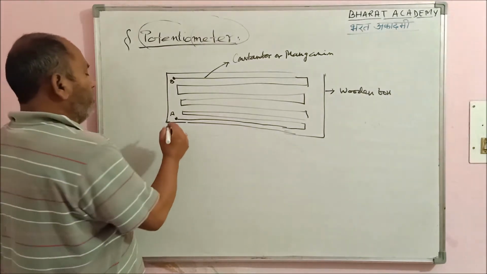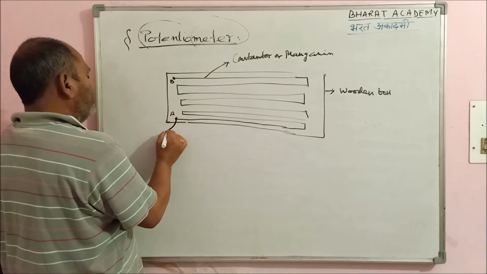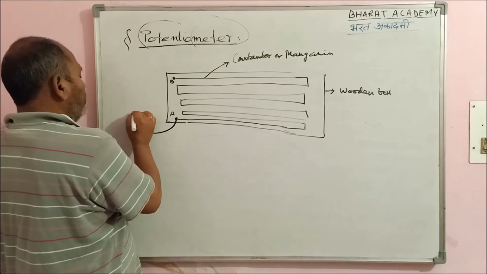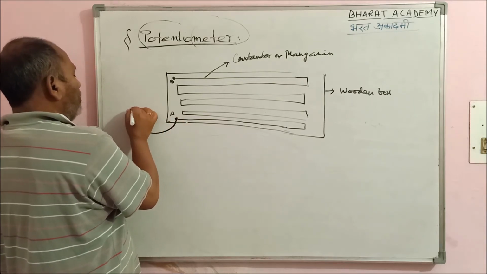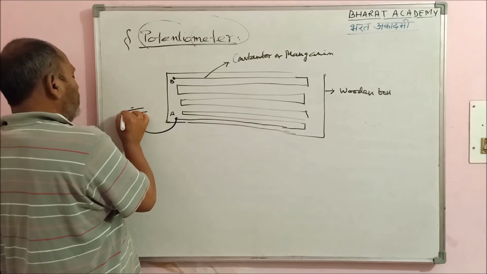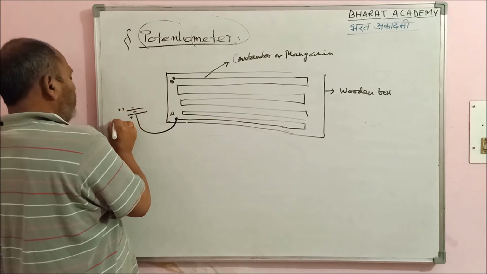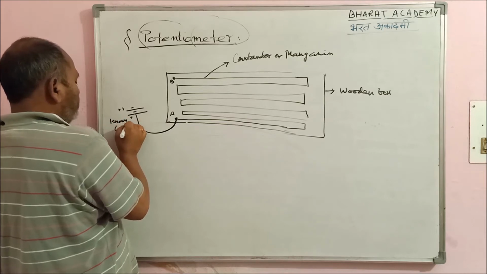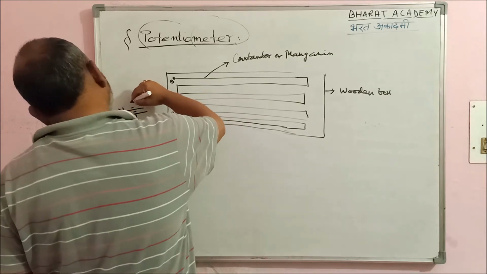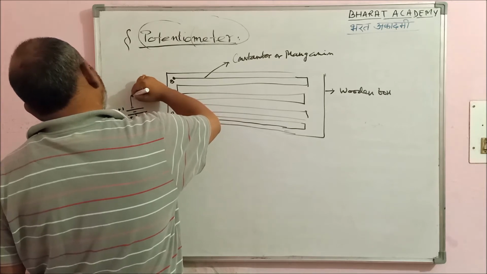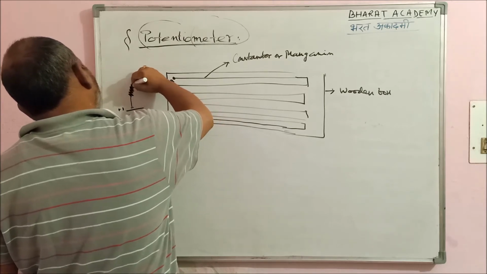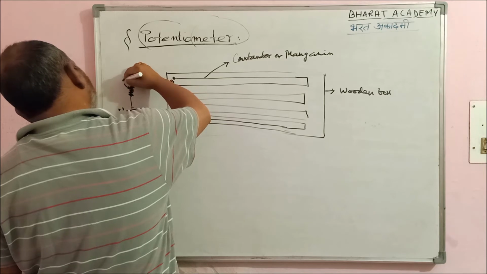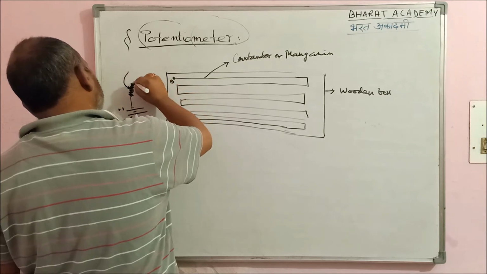What we do, we apply a known circuit to this. We call this known circuit because here we know the applied EMF. This is the known EMF, known cell. With this cell, we apply a rheostat. I will talk about it later on. Rheostat, RH we call it.